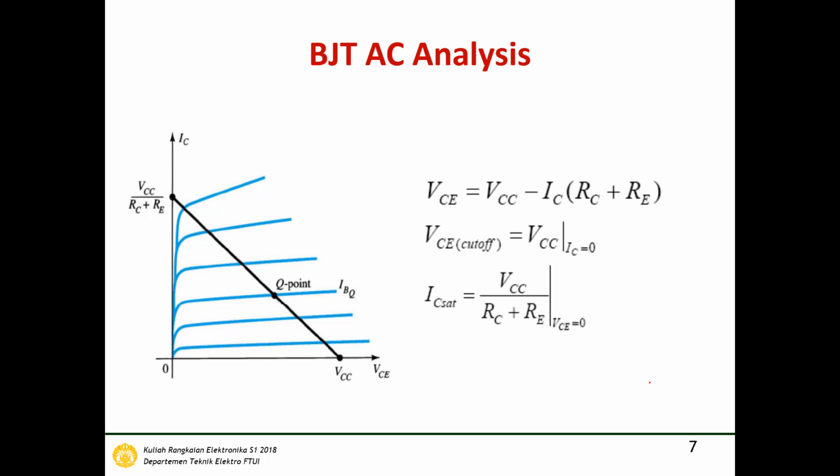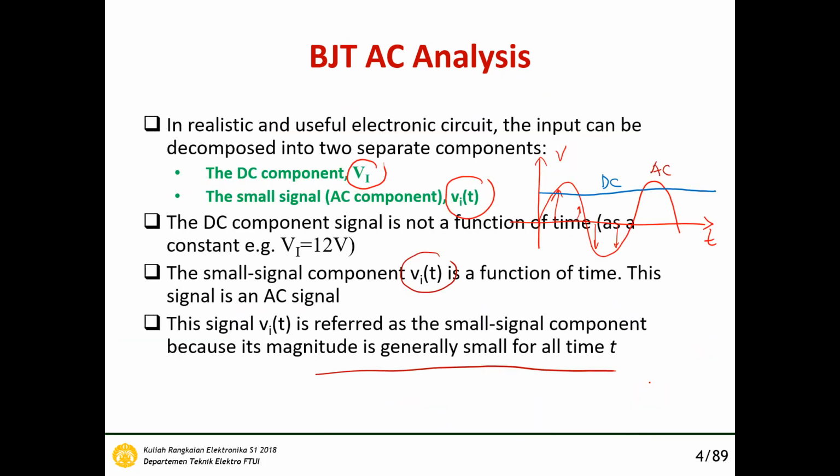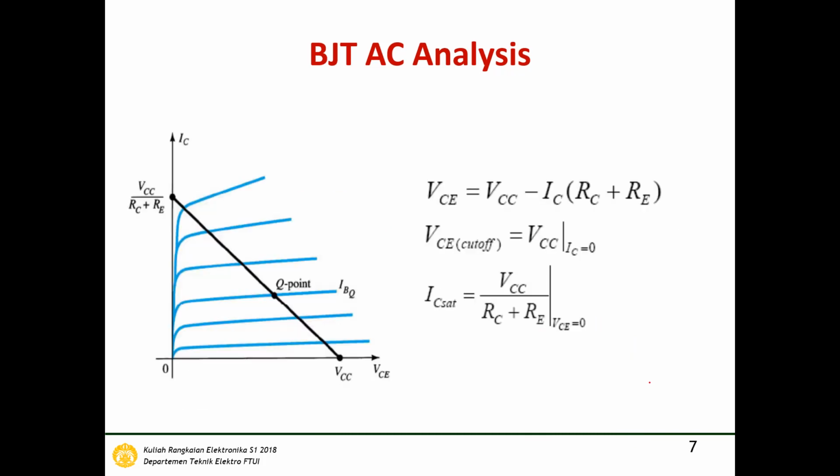Okay, so for example, whatever configuration. So how to determine the key point, you have to remember the DC analysis in the BJT.